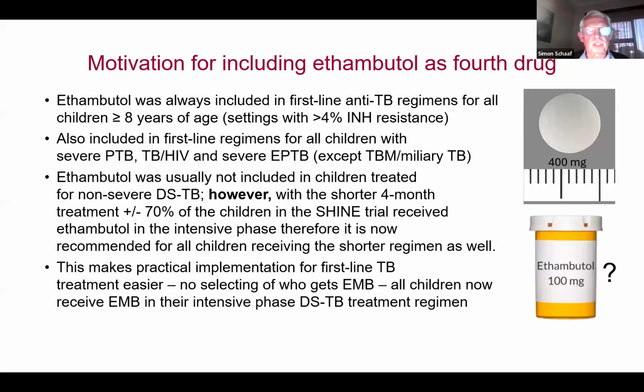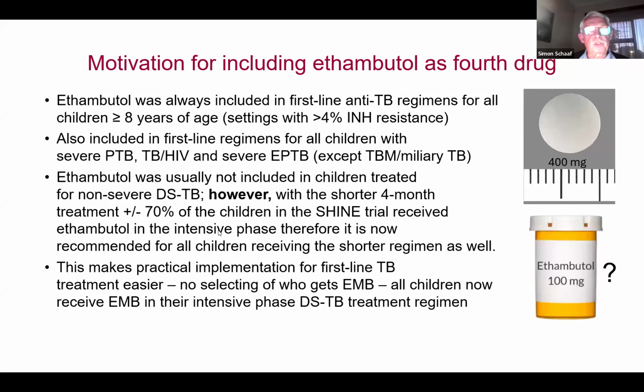And that is in all settings where the isoniazid resistance is more than 4%, and South Africa is definitely such a setting. It was also included in all first-line regimens for children with severe pulmonary tuberculosis, all children with tuberculosis and HIV co-infection, as well as severe extrapulmonary tuberculosis, except in TBM and miliary TB.